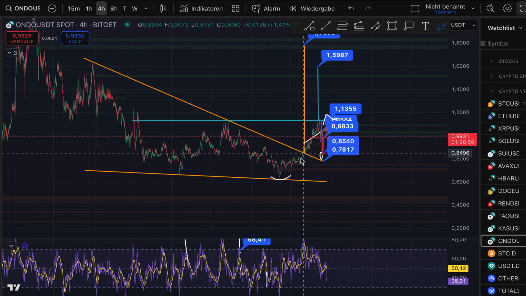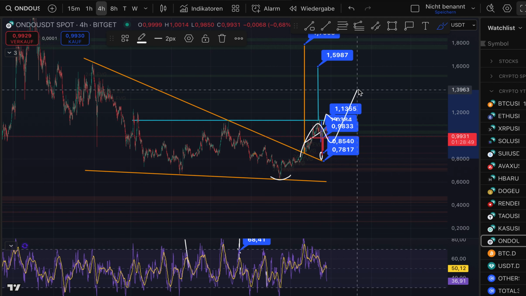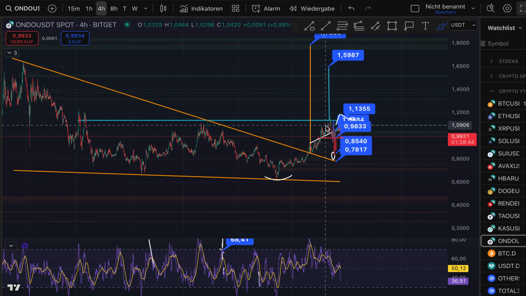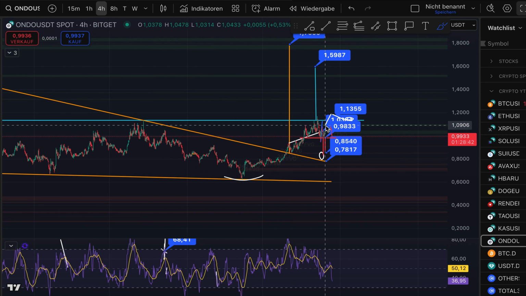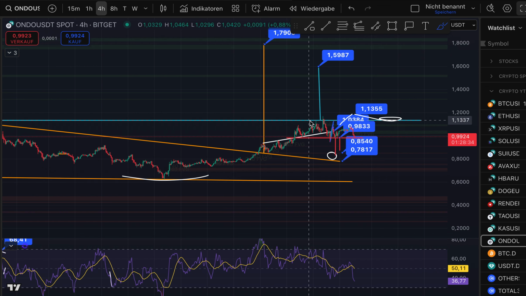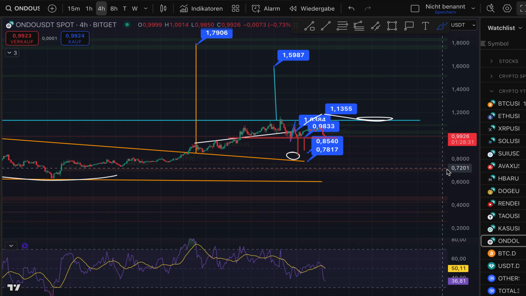So basically it needs time until it gets there. It can take 1 month, it can even take 2-3 months. Anyway, we didn't break the $1.135 to the upside, so we couldn't increase our position size for ONDO or even get into a long position.